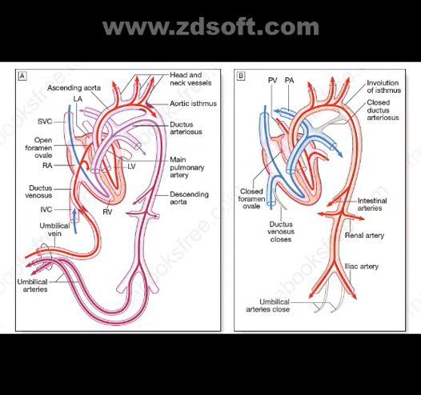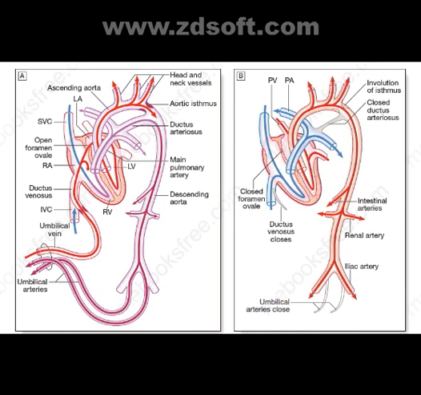These two diagrams show the circulation of the baby. First, diagram A shows fetal circulation in intrauterine life. There is presence of umbilical vein, umbilical artery, ductus arteriosus, ductus venosus, and open foramen ovale.